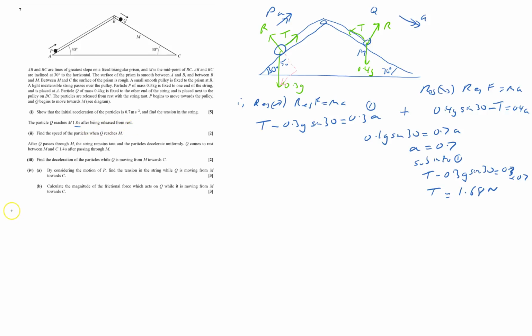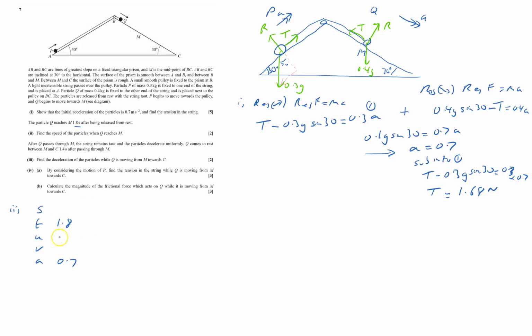Q reaches M 1.8 seconds after being released from rest. So I'll do it here. It's got constant acceleration. I just worked out the acceleration is 0.7, and so I'm going to set up the SUVAT equations, which are the equations for constant acceleration, which is what we've got here. So we know the acceleration is 0.7. It tells me the time is 1.8 seconds.